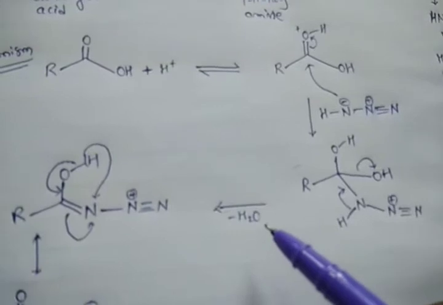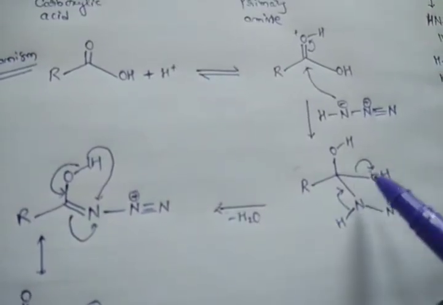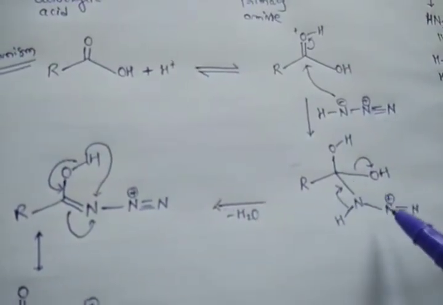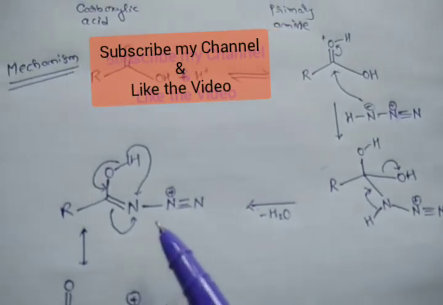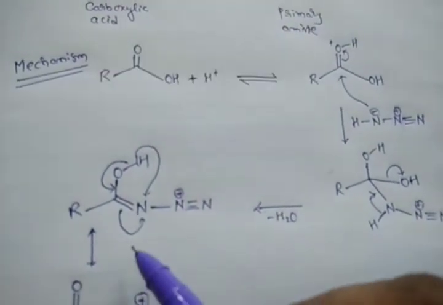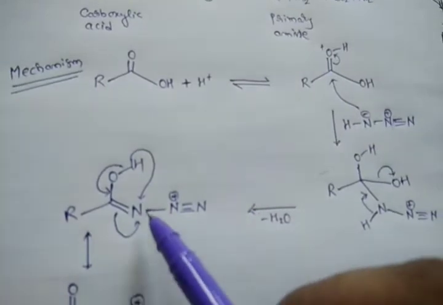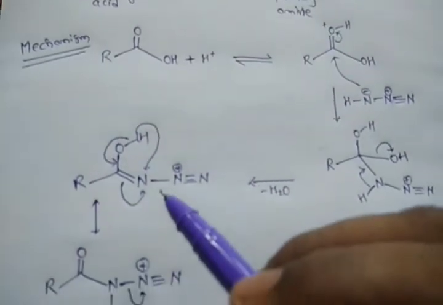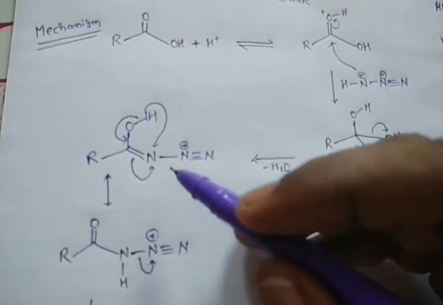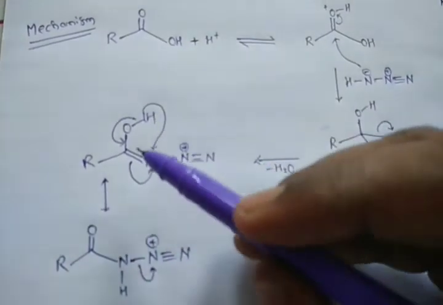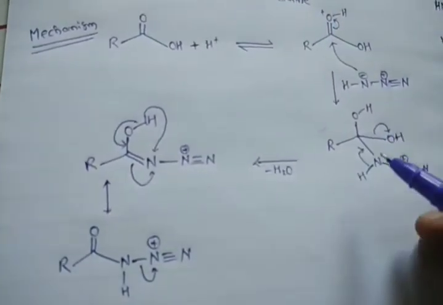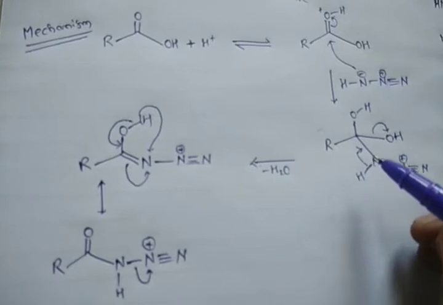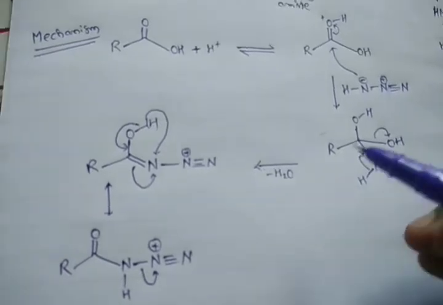So dehydration takes place from this molecule, and we will have such a type of structure, or you can say intermediate. Now this intermediate will have a resonating structure, like this. Here we have the double bond between nitrogen and carbon.